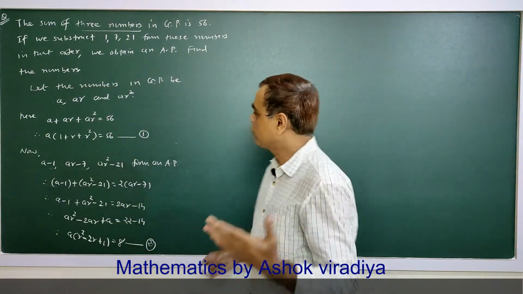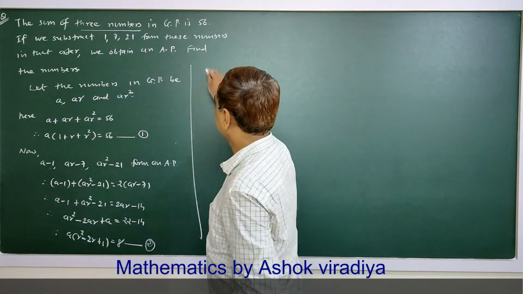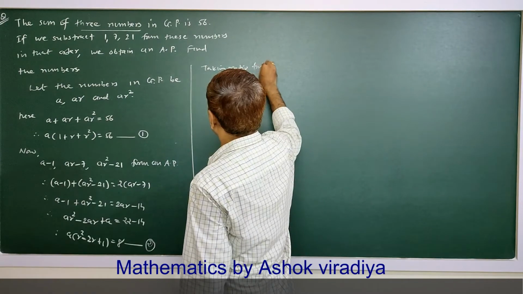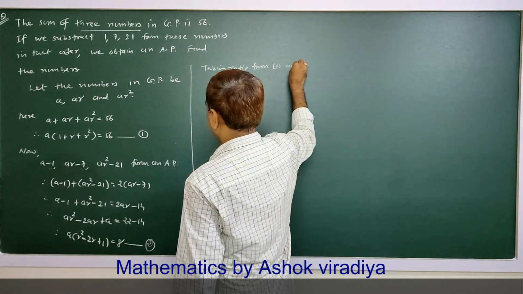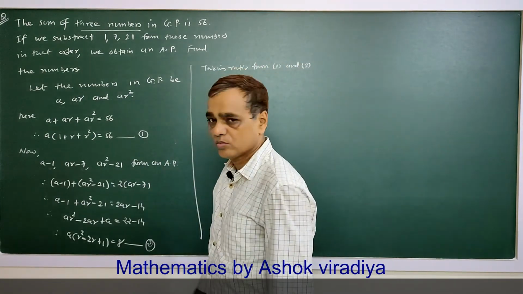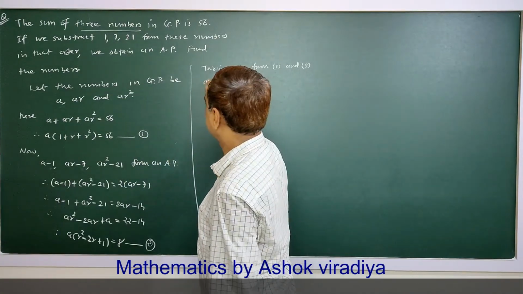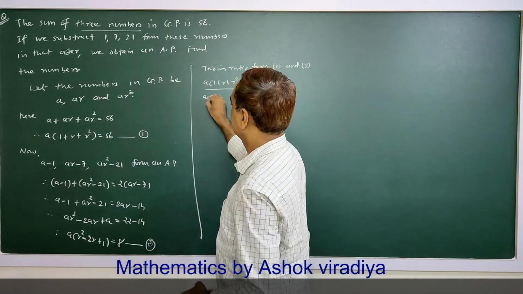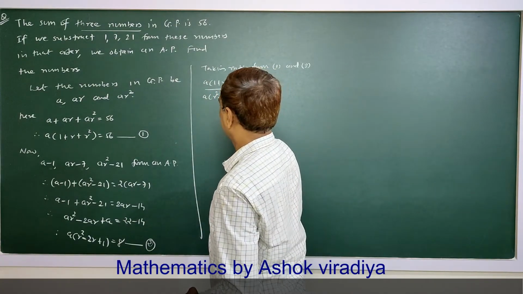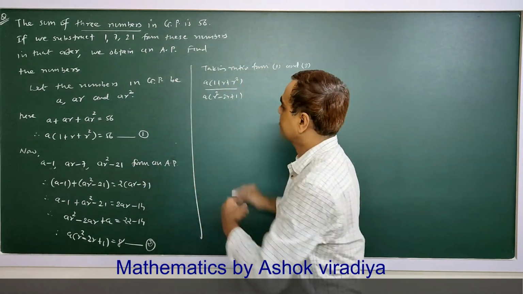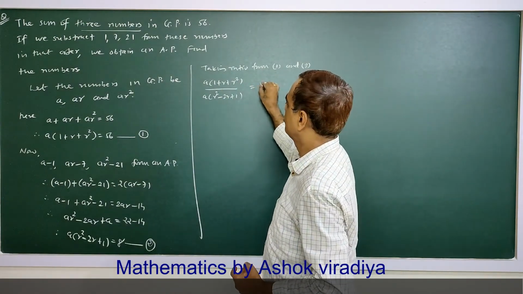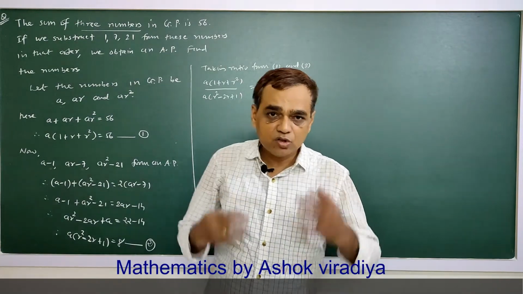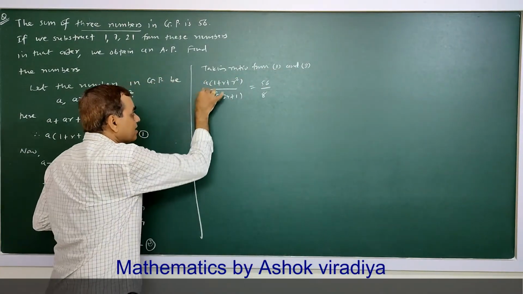So taking the ratio of equation 1 and 2, LHS upon LHS is equal to RHS upon RHS. So doing this, A will be cancelled.